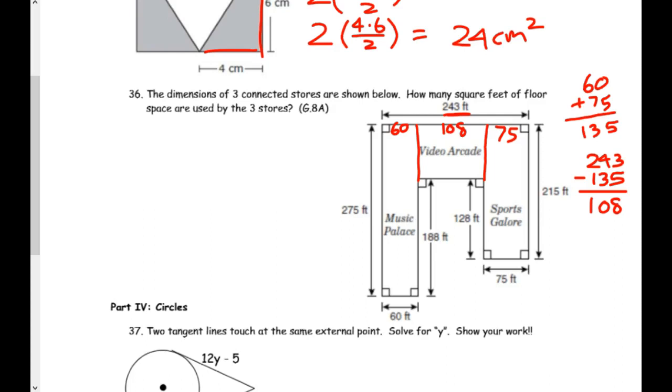Alright, and then the other thing I need to find out, if this whole thing is 215, and this is 128, 215 minus 128 gives me 87. So that means that this right here is going to be 87.